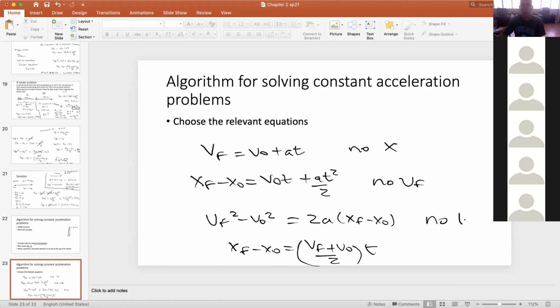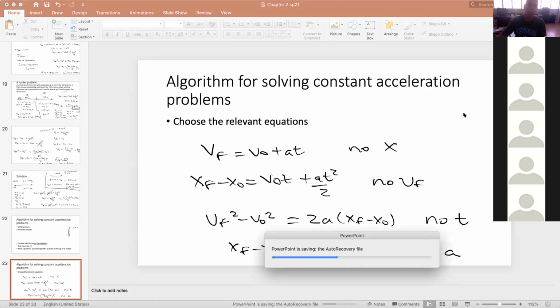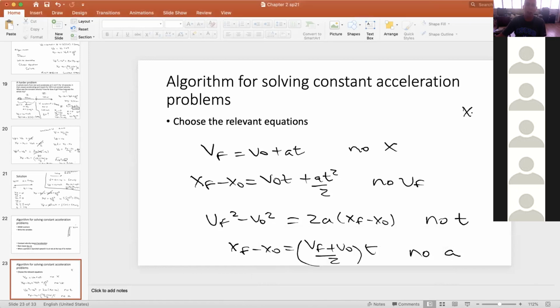This equation, no time. This equation, no acceleration. Since you have to write down the variables, and you've figured out which ones you know and which ones you want to solve for, if you know that you don't need acceleration and you don't have it, you immediately go to the equation that says no acceleration. That's why we have these 4.